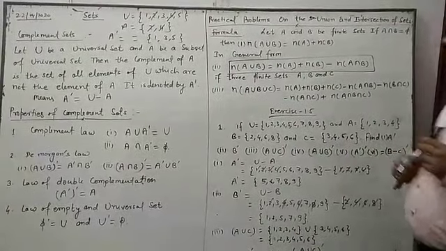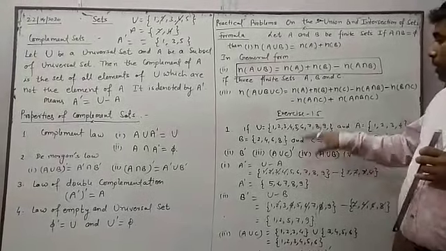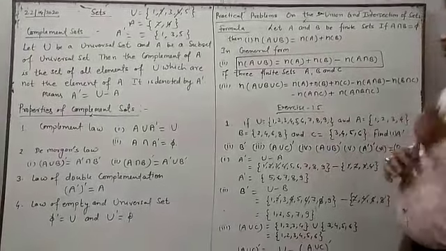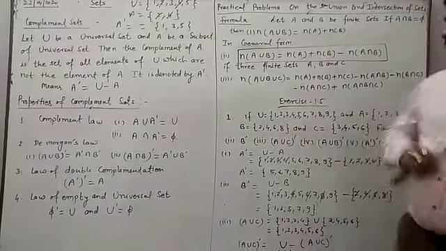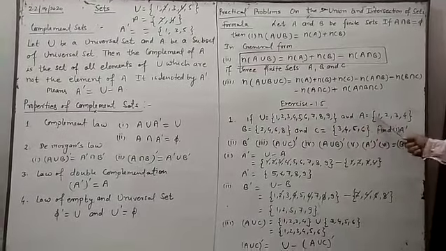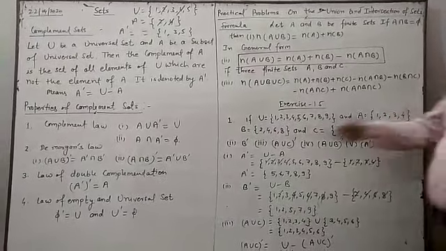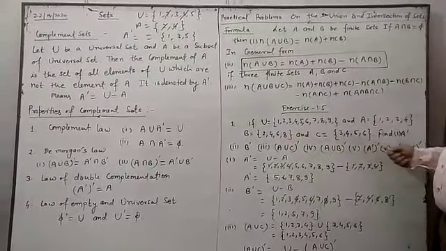Now with Exercise 1.5 we have to solve some problems related to the complement of a set. First, U is the universal set 1, 2, 3, 4, 5, 6, 7, 8, 9, and A is equal to 1, 2, 3, 4, set B is equal to 2, 4, 6, 8, and C is equal to 3, 4, 5, 6.